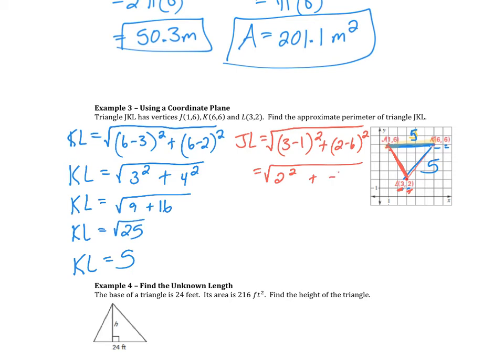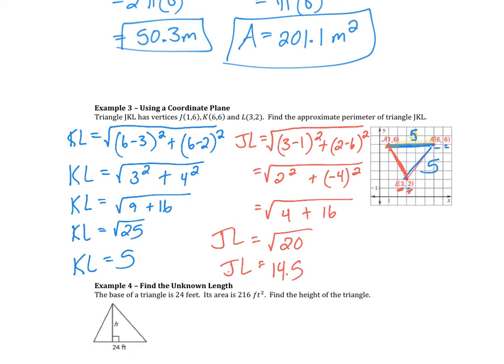Plus 2 minus 6 is negative 4, so it's negative 4 squared. So 2 squared is 4. Now what is negative 4 squared? If you did negative 4 times negative 4, you will get 16. So this is the square root of 20. And the square root of 20 is 14.5. Actually, whoops, I screwed that up. I read the wrong thing. Not 14.5. The square root of 20 is 4.5.